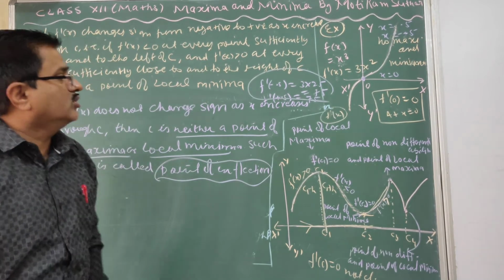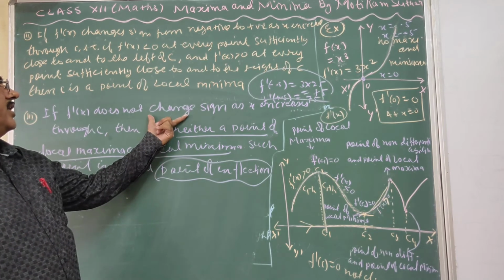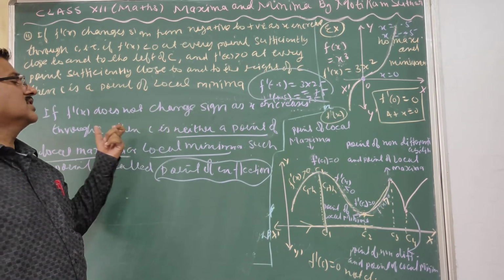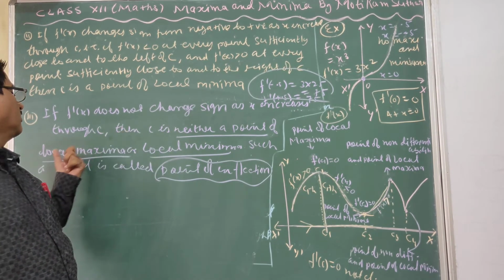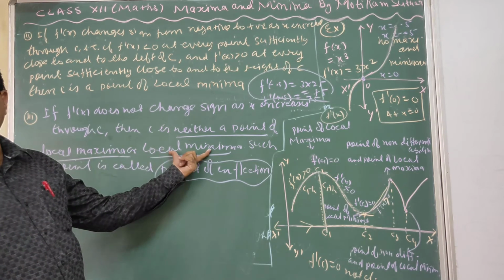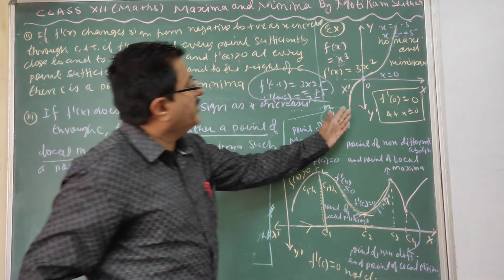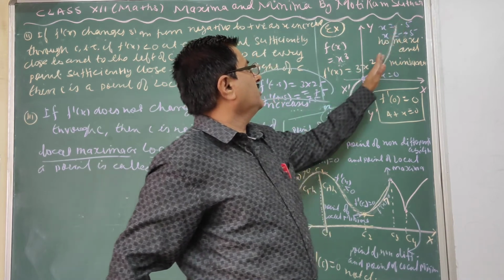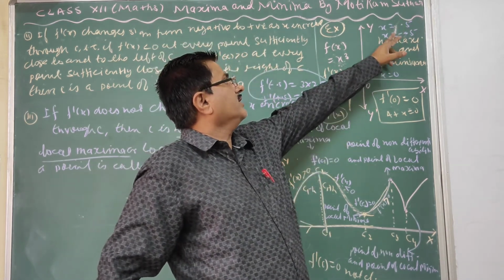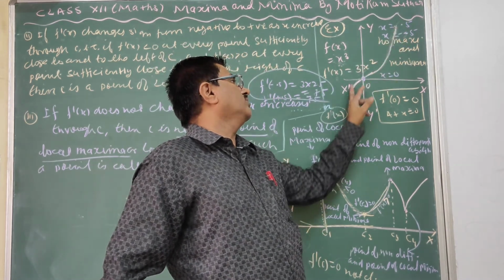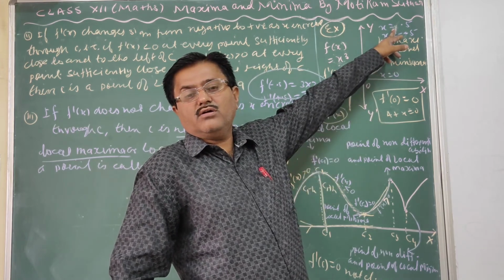So when there is no change in the sign of the derivative, we call this neither a point of local maxima nor local minima. We already proved by the earlier method in the previous context that this has no maxima and no minima.